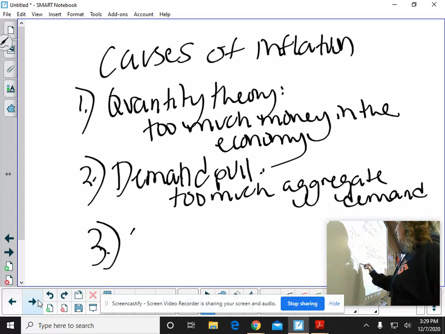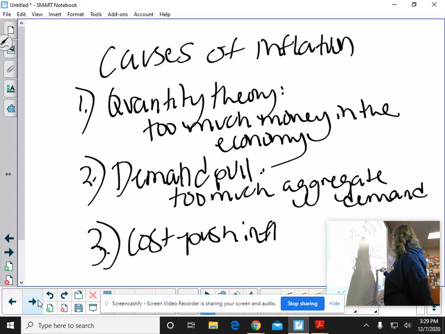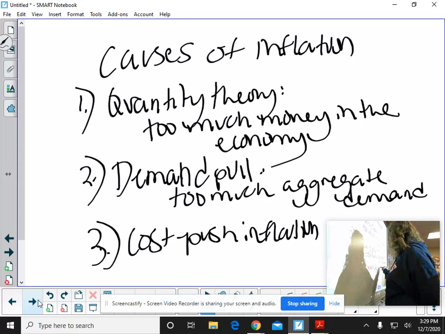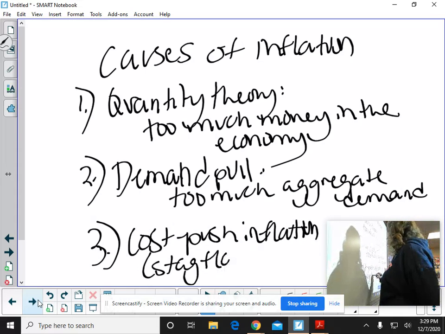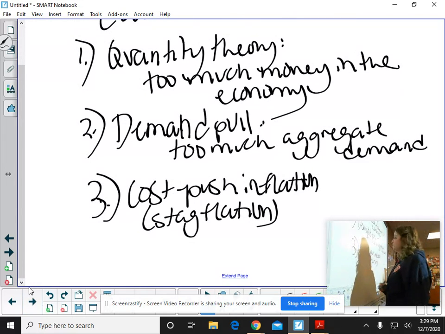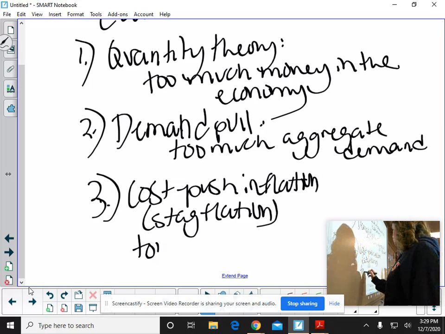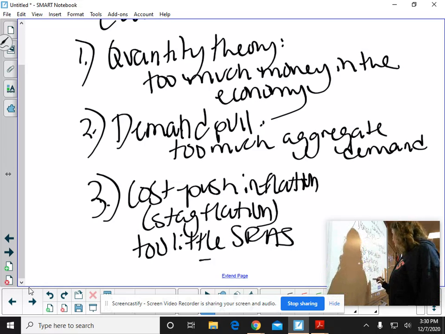And the last one is cost push inflation. It's also called stagflation. But this is when there's too little supply. Instead of too much aggregate demand, there's too little short run aggregate supply. And the reason for that is typically because of higher input prices.